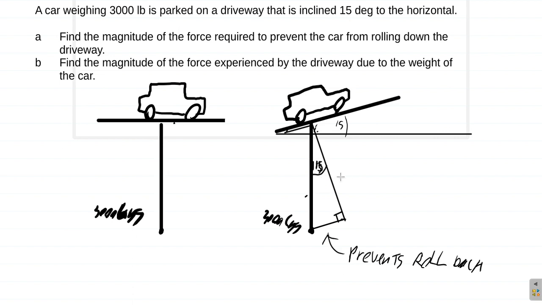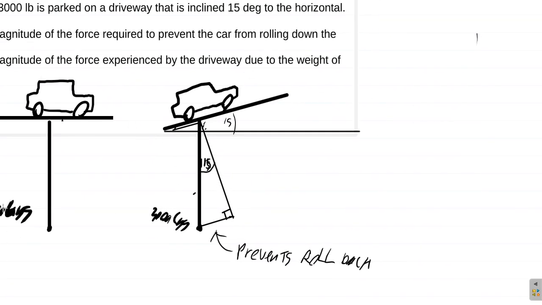You see that? Now notice, if we had a case where the driveway was like this and the car like this, the force preventing it from rolling back would be 3,000 pounds, and the force on the driveway would be 0. All right. Here, the force preventing it from rolling back would be 0.